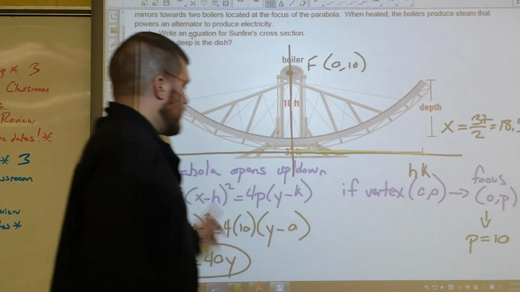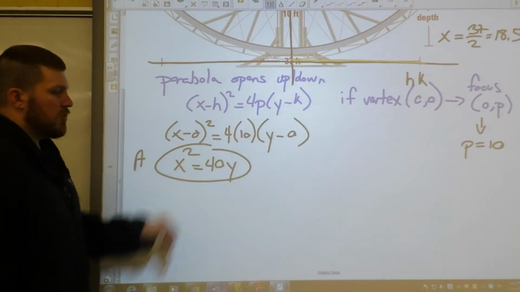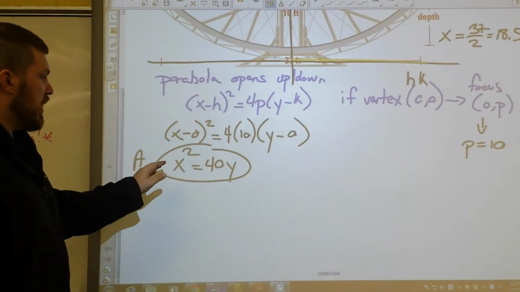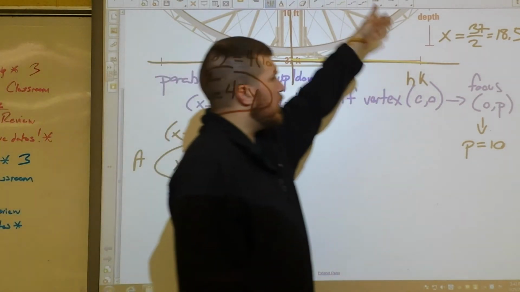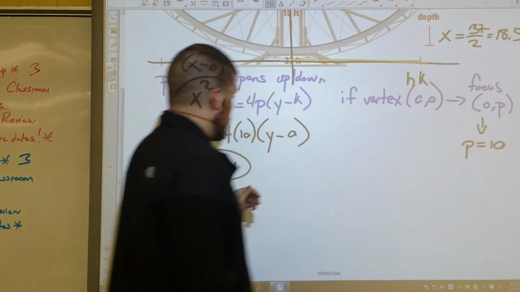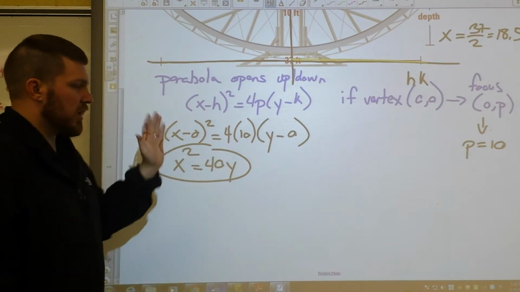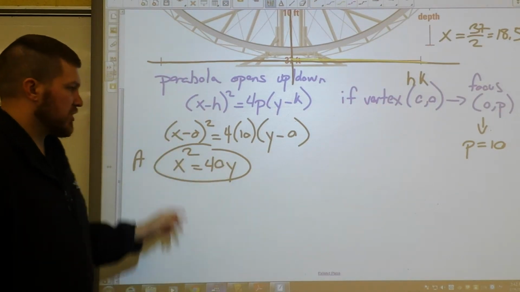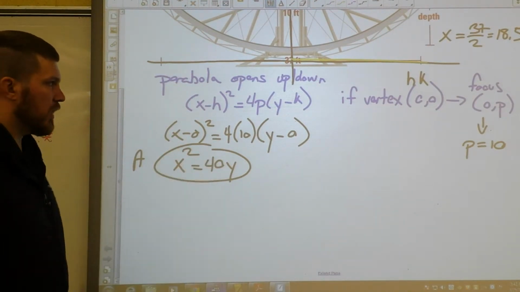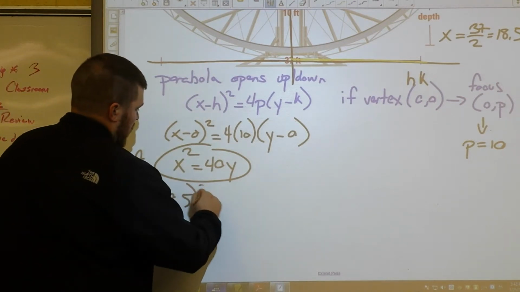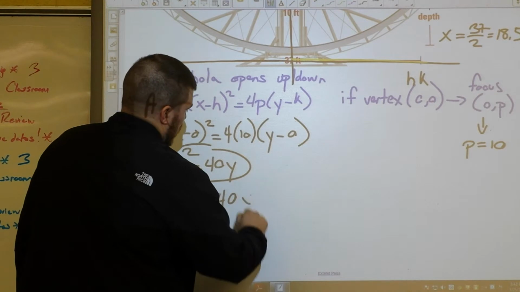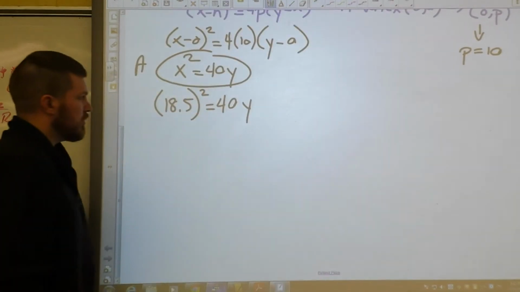I'm going to take that x and plug it into the equation I found in part A. The reason I wanted x is because it's asking how deep, or how far up and down the dish goes, which is a y direction. So I need to plug in for x and solve for y. So I'm going to plug in 18.5 squared equals 40y.